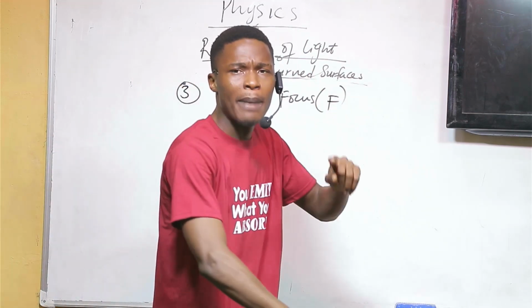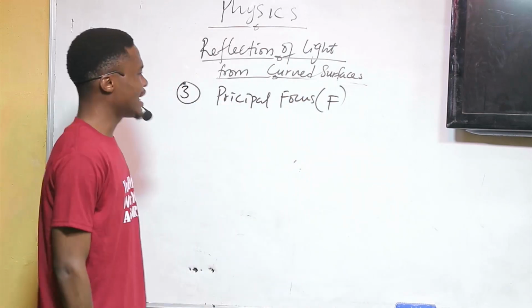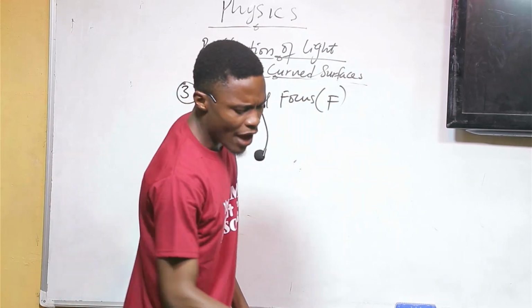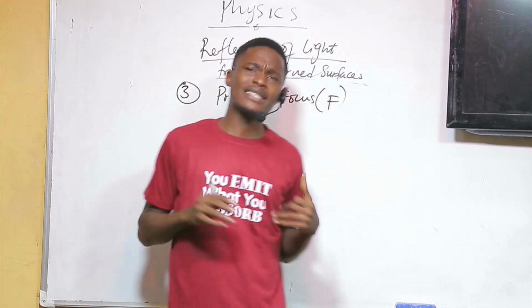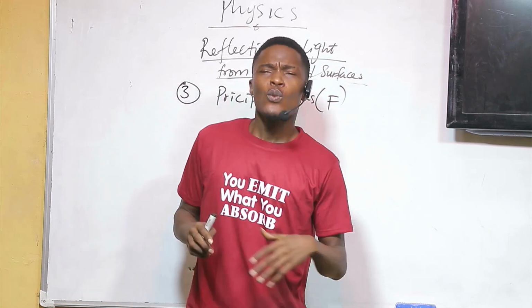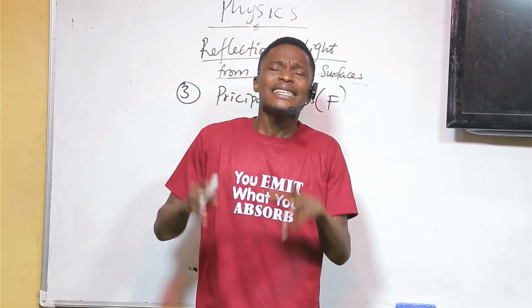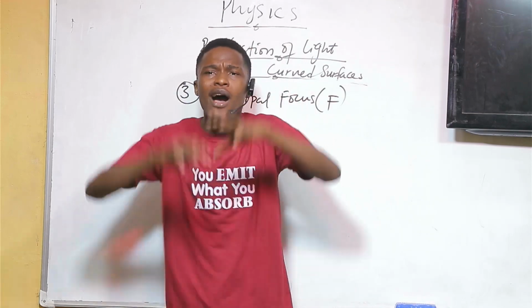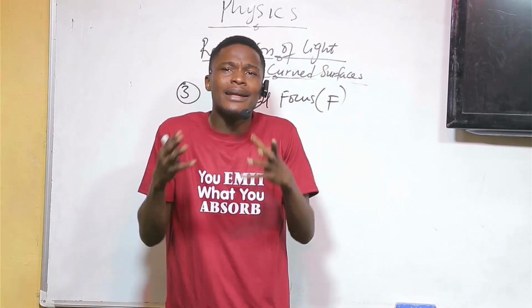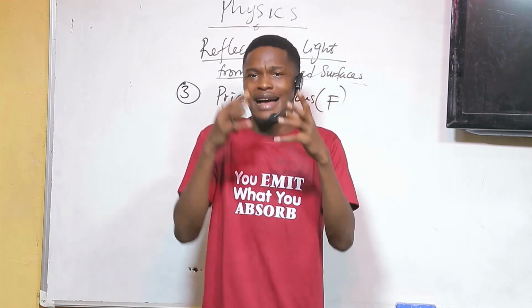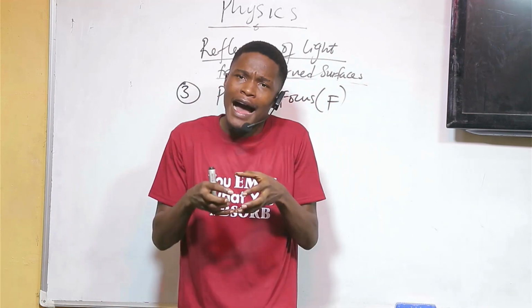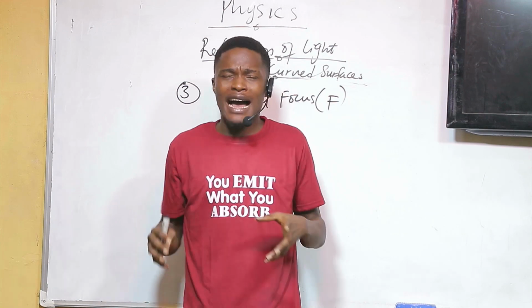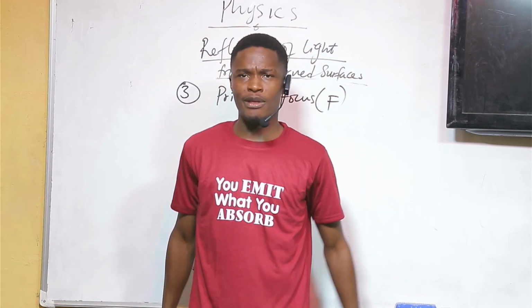Whenever you hear principal focus, it is represented by capital letter F. Now, let's define it before we start explaining it. When we say principal focus, it is a point on the principal axis where all rays close and parallel to the principal axis converge or appear to converge after reflection from the mirror.